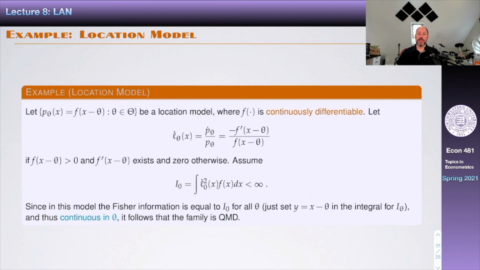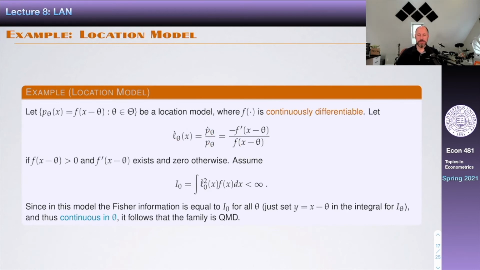The example is going to be the location model, the symmetric location model we've been using before. And so let P theta be the density that is given by f, which is the density in the symmetric location model, where f is continuously differentiable. Okay, we're going to let L dot here, the score, be P dot divided by P, which in this case is just f prime over f.